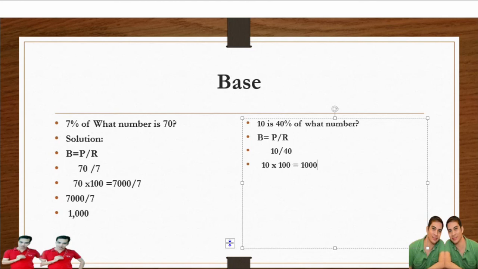Then divide by 40. So 1,000 divided by 40, the answer is 25. Again, 10 is 40% of what number? The answer is 25.